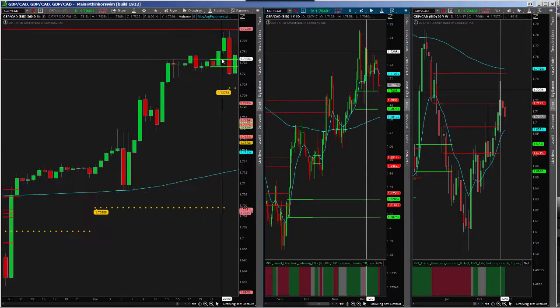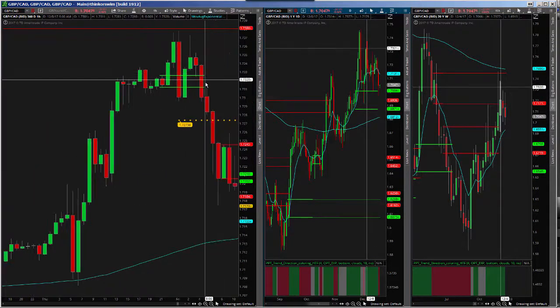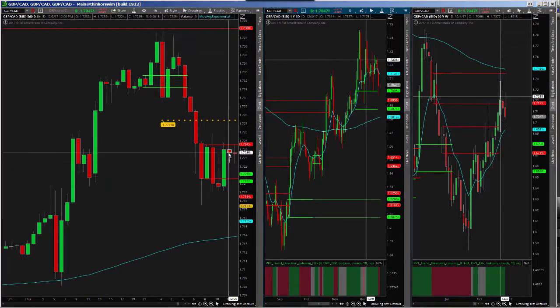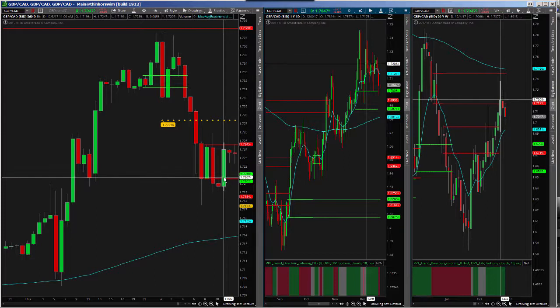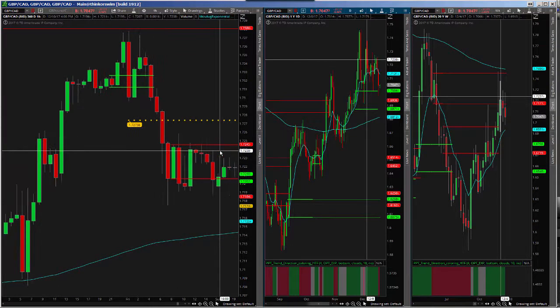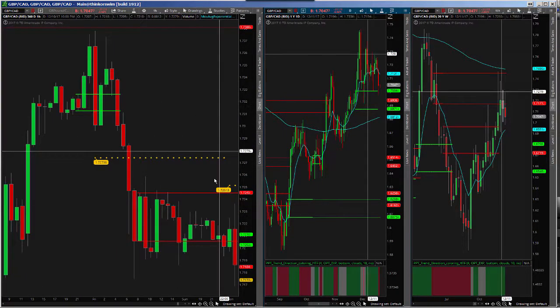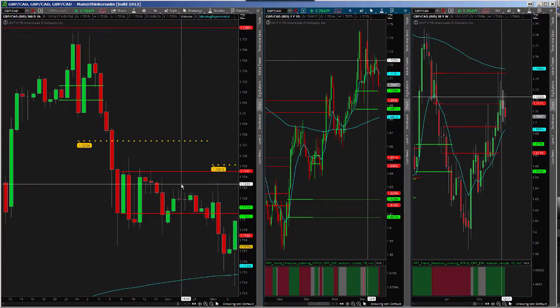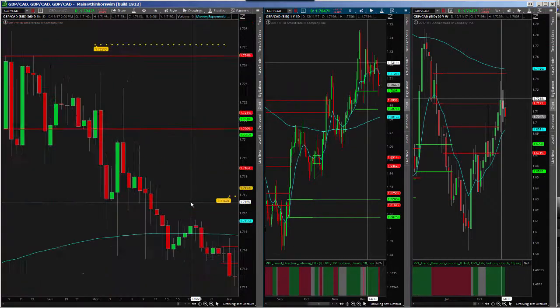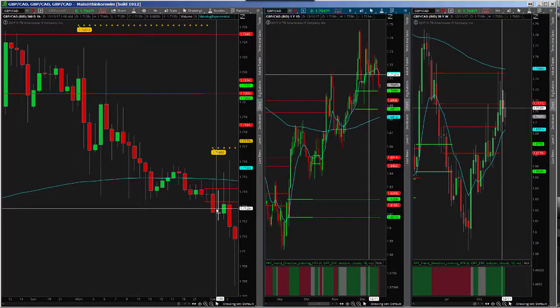Okay, I can look for another sell zone, which is right here. So I could be short here at 04, stop 24, and I'd be re-entered at 24, target.